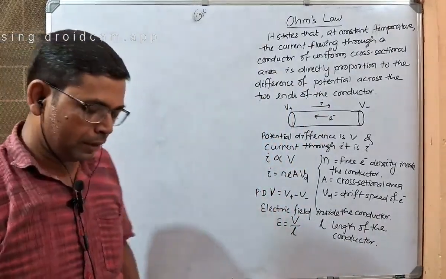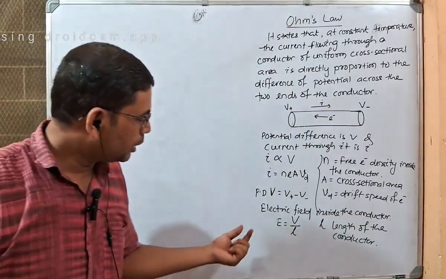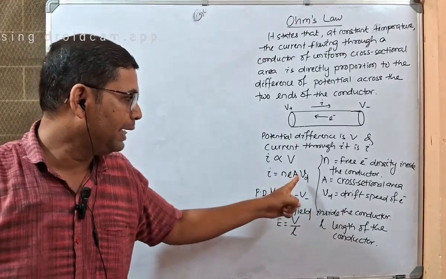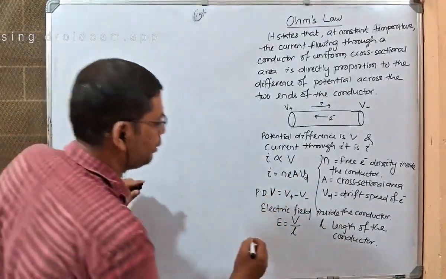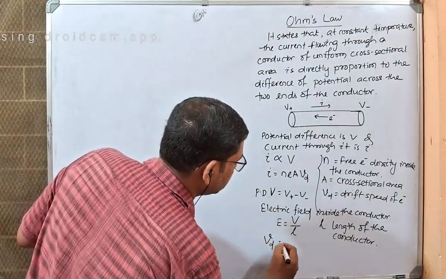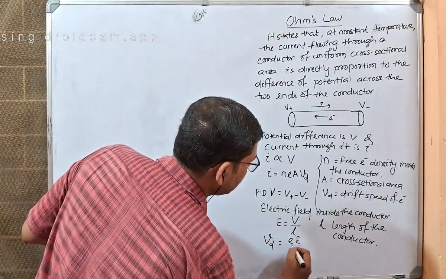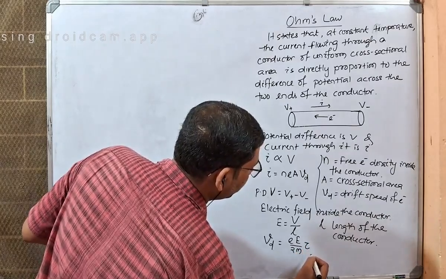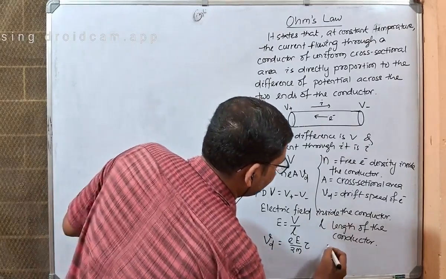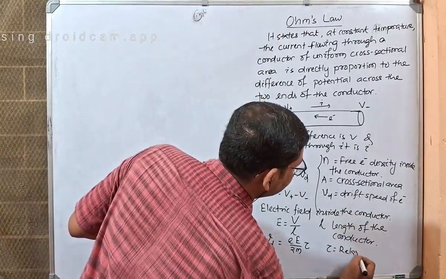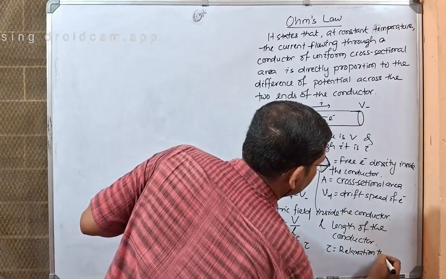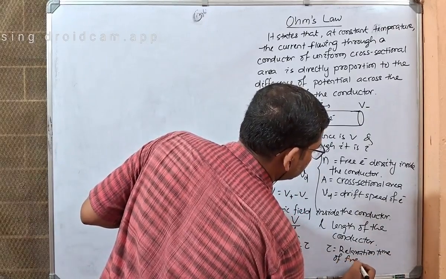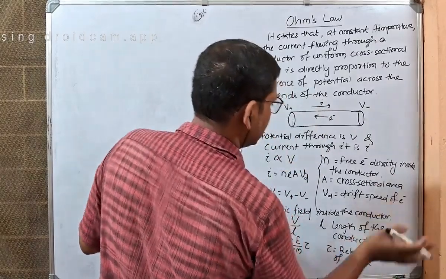And one more thing, we have the relation of Vd with the electric field. Can you remember? Vd = eEτ/2m. Here τ is the relaxation time of the free electrons inside that material.